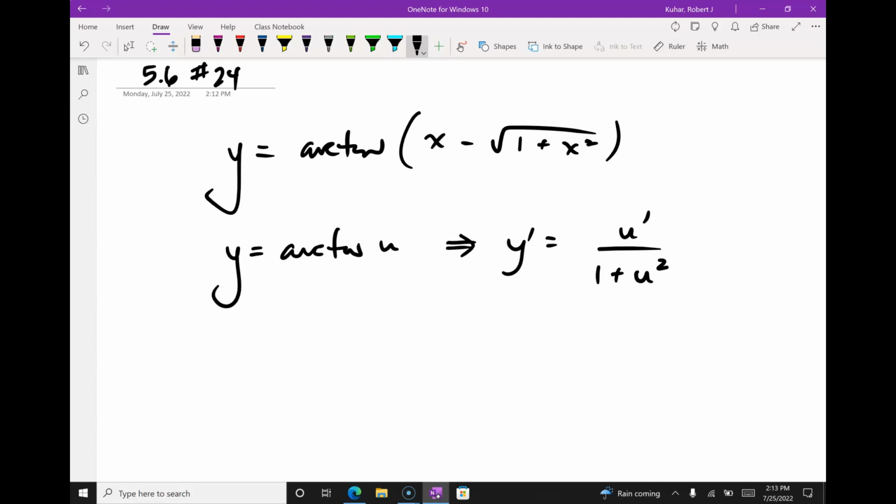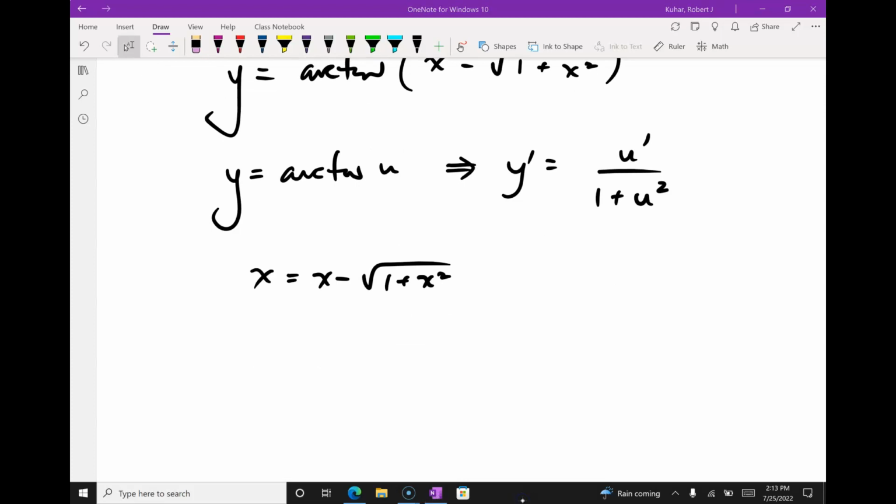These are so easy now that I have this formula, I just have to do the algebra. So u is the inside, x minus the square root of 1 plus x squared. It's obvious that u squared is that squared, and I don't know if I have to do anything with it yet, so I will wait.